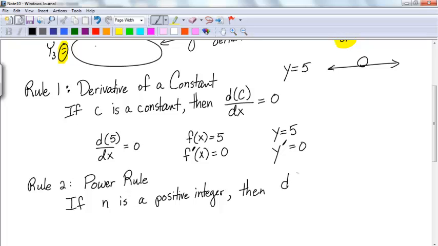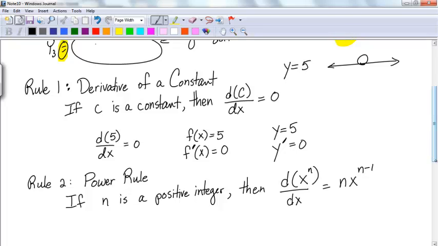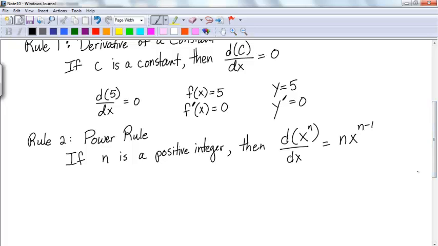The derivative of x to the n power with respect to x equals n times x to the n minus 1 power. Okay, n times x to the n minus 1 power.